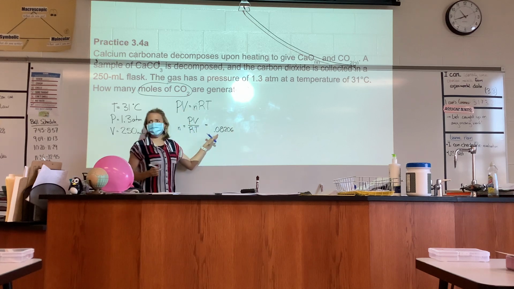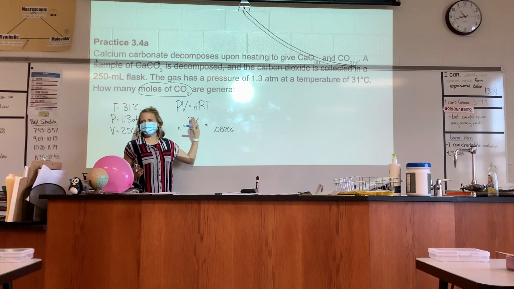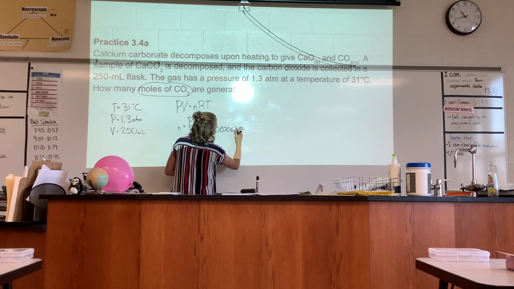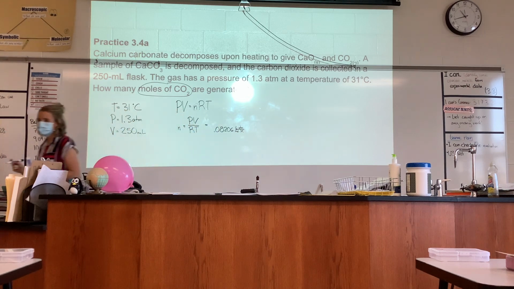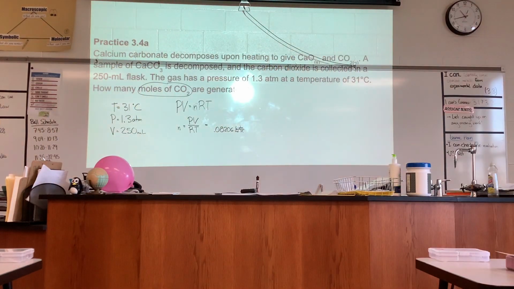The R's are on your formula sheet as well, so you don't have to memorize these numbers. The units are liters times atm over mole Kelvin. Keep all your units in the problem so that you can make sure it's going the right way.